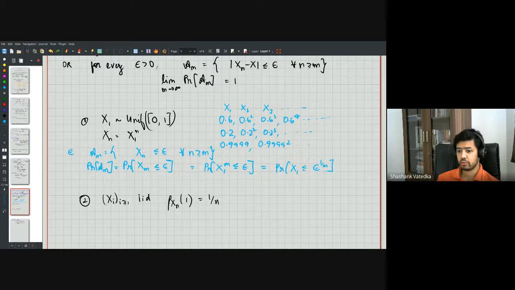So m is a fixed quantity, right? Note that m is a number, and so the only randomness over here is in x1.